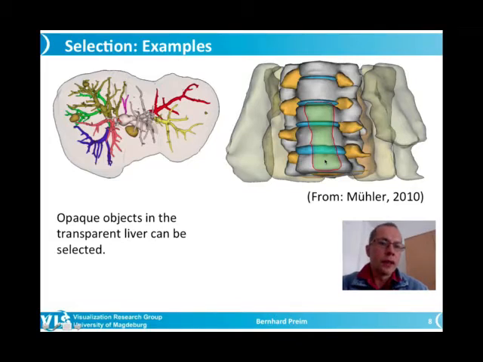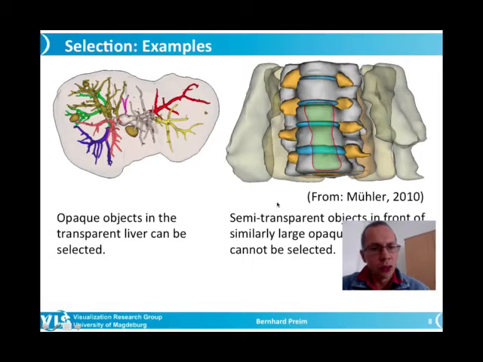This one is semi-transparent, and if we want to select this structure, this would not be possible with our algorithm that prefers opaque and smaller objects. So here it would not work.